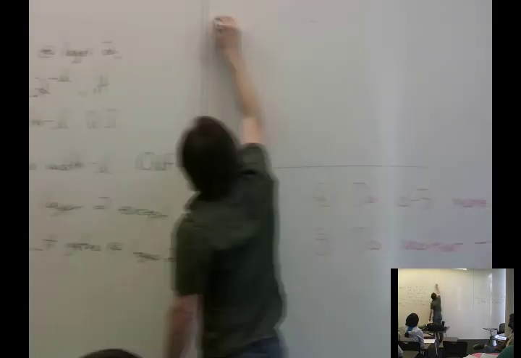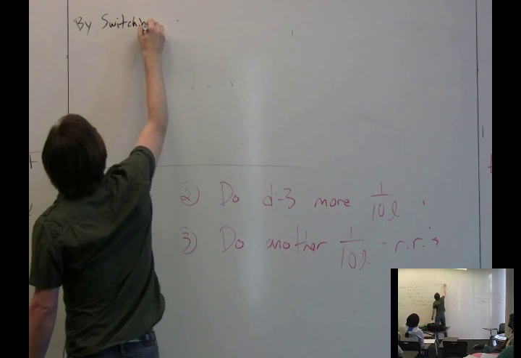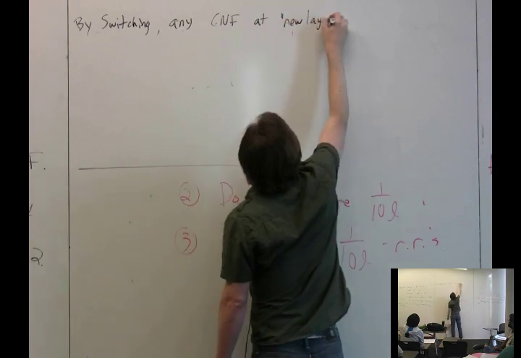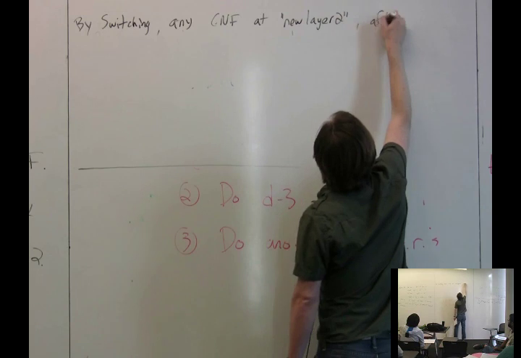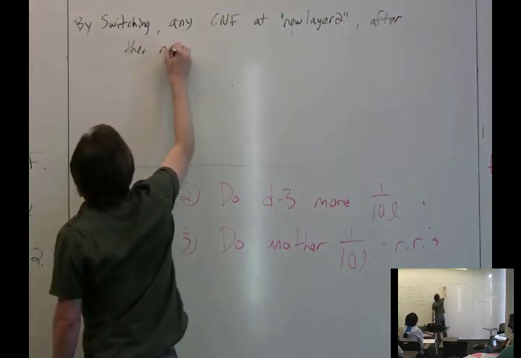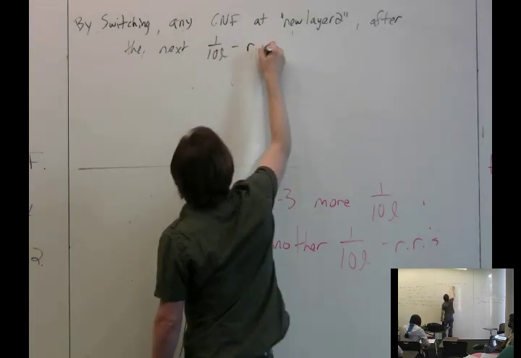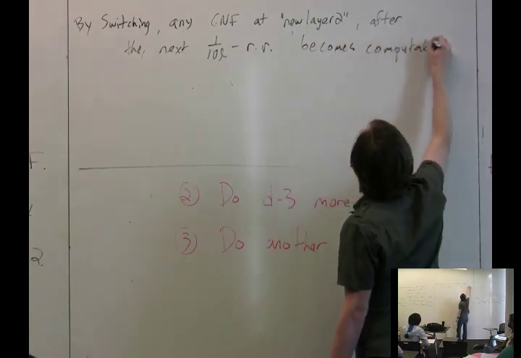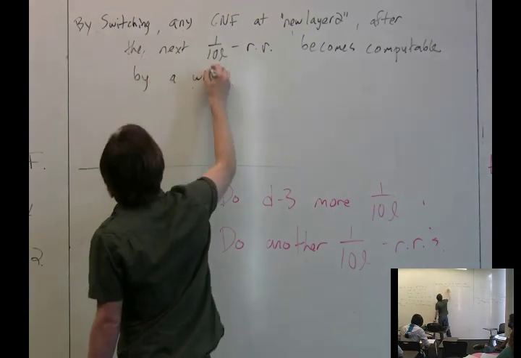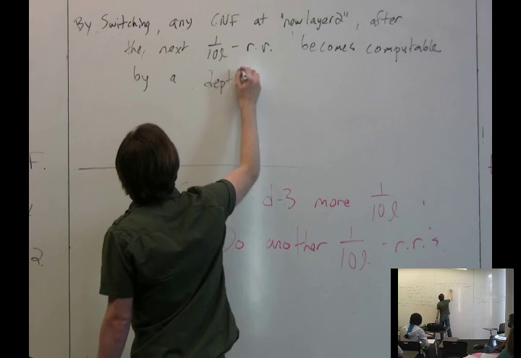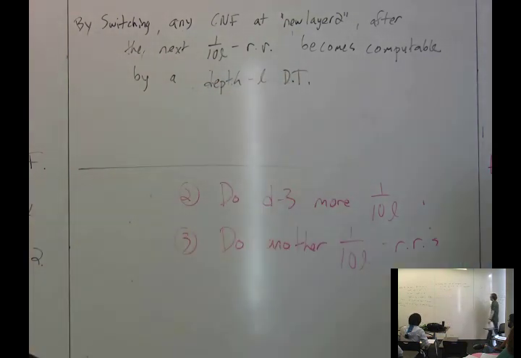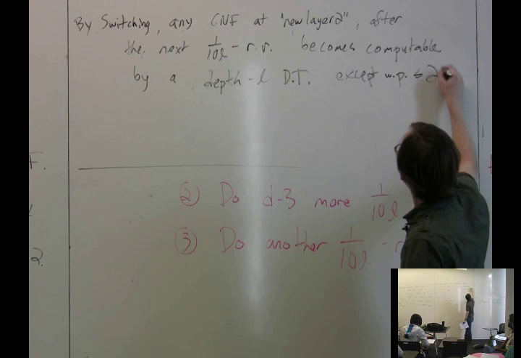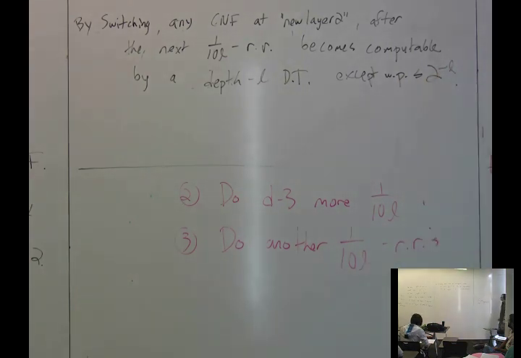Right, so by the switching lemma again, any CNF at the new layer 2, after the next 1 over 10L random restriction, becomes computable by a depth L decision tree, taking K to be L again, except with probability at most 2 to the minus L. Okay.